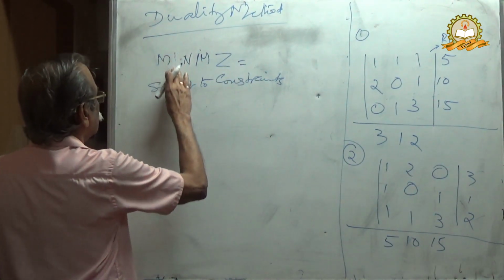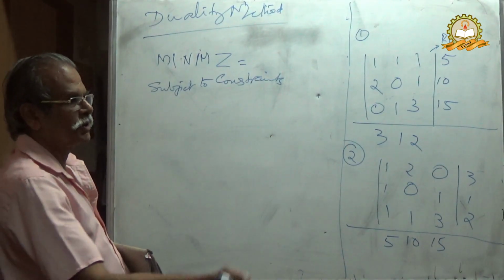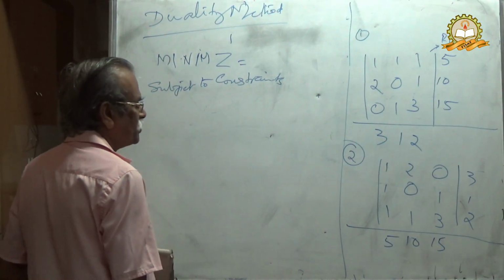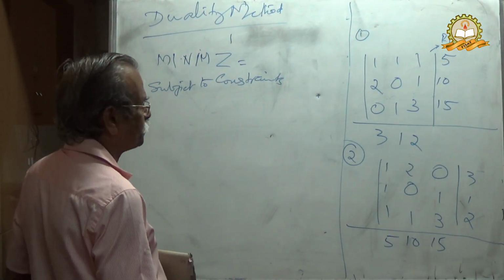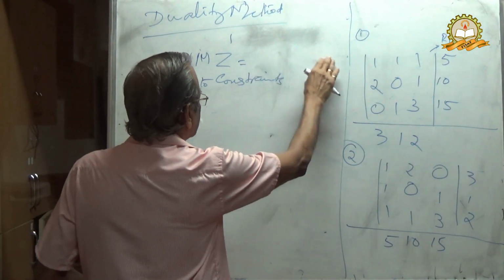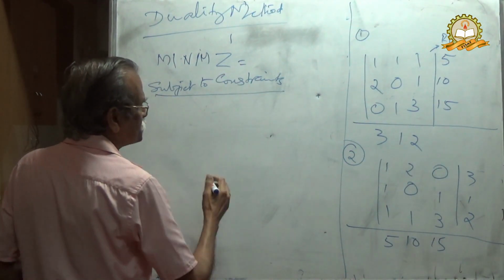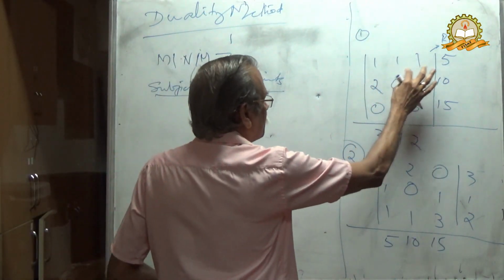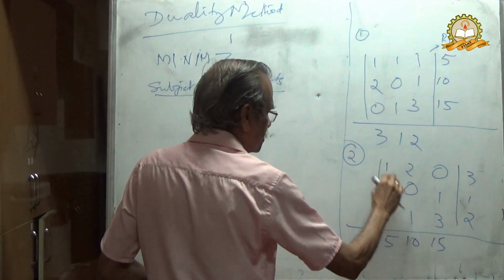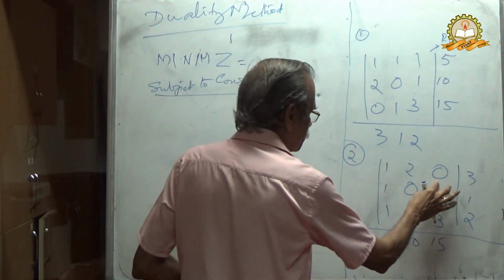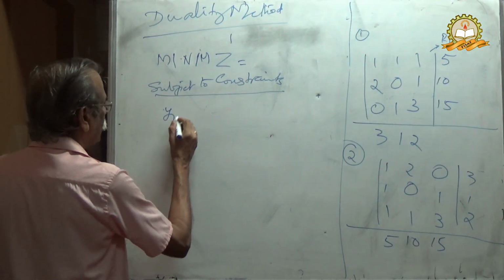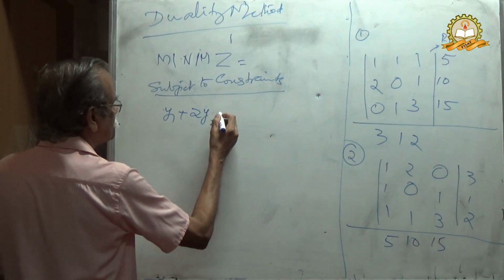And I write Z dash equal to, we will write later. Now come back to the constraints. The given constraint rows are changed over into columns. First row 1, 2, 0. Therefore, subject to constraints y1 plus 2y2 plus 0y3.